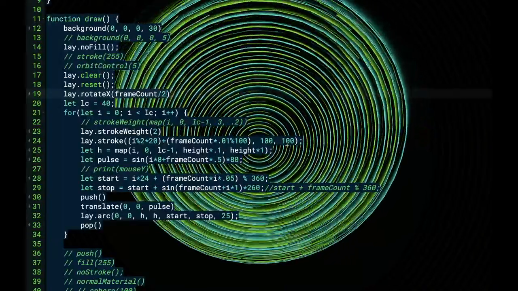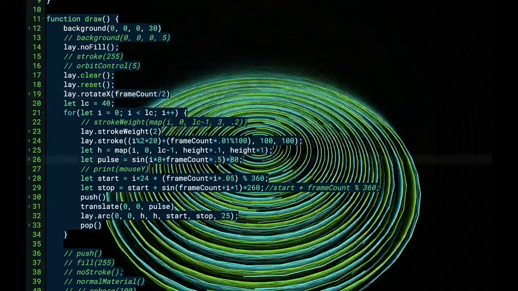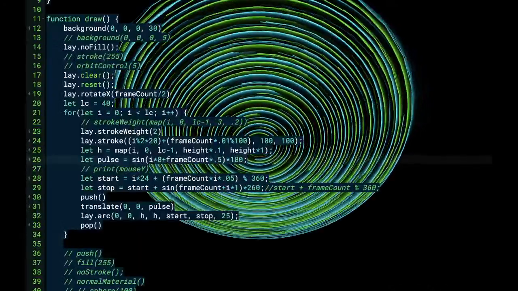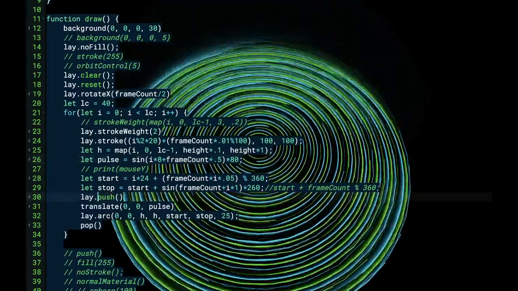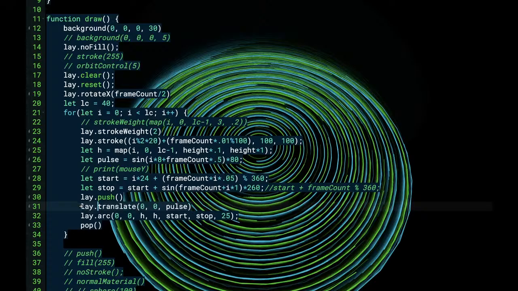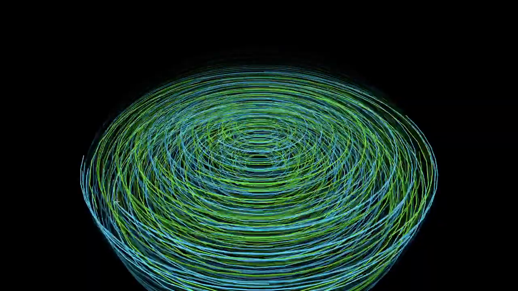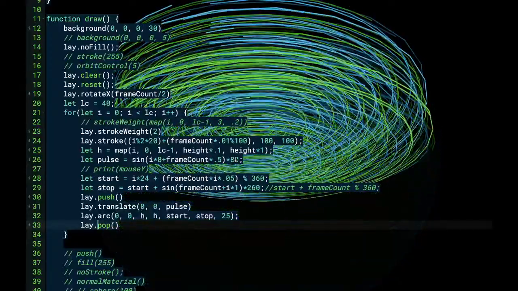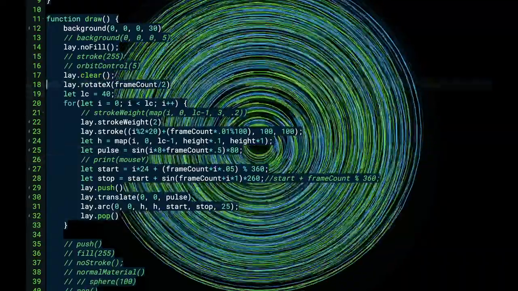And now that pulse is such a small amount that it's moving up and down. If it is at all, I don't think it is. It might be, it probably has to be on the layer. Lay.push, lay.translate, lay.pop. There we go. And chaos. Why is that chaos?